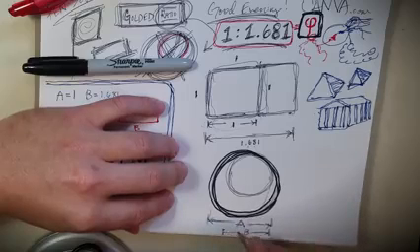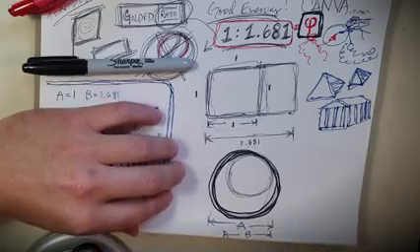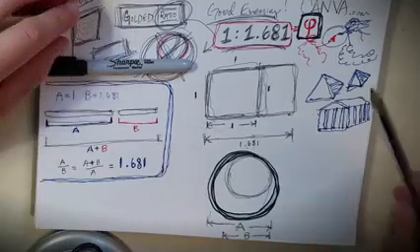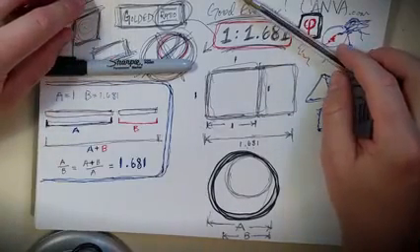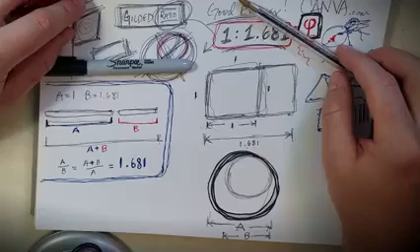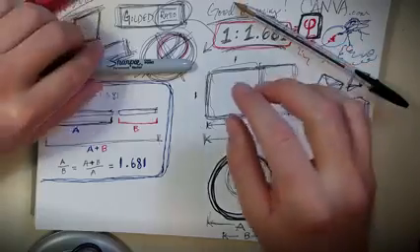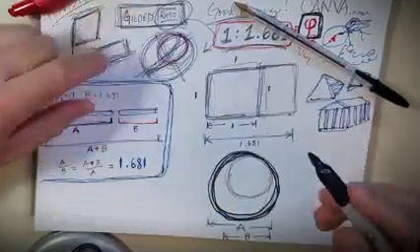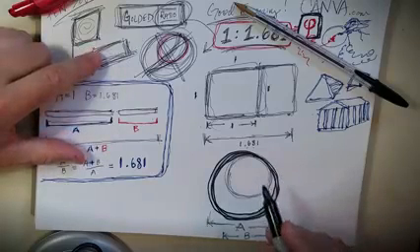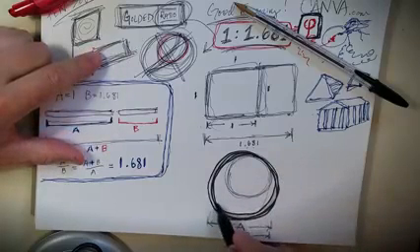So we'll pretend that diameter is B. And where we're going with this is, let's see if I can do this right. So it's like right here.